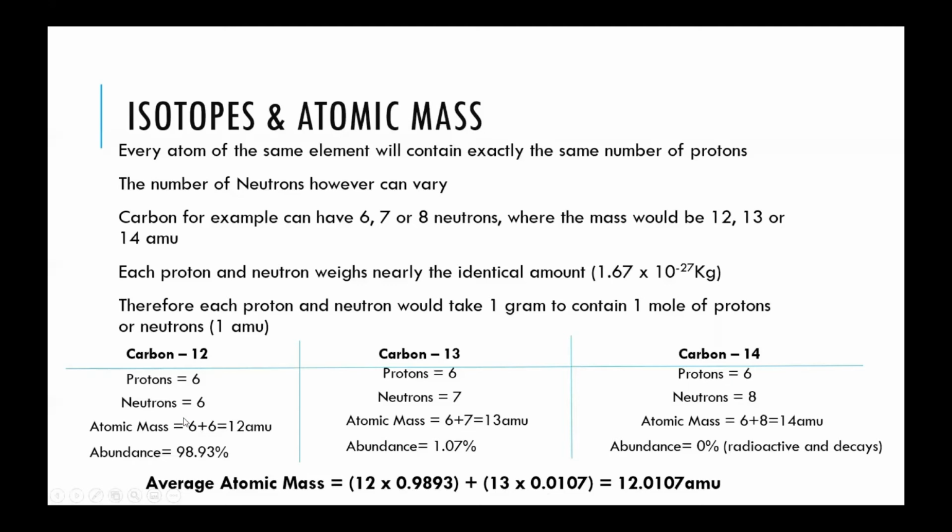This method can be used for any element. You need to have all of the isotopes combined to figure out what is on average the weight that it takes, or the mass that it takes, to equal 1 mole of atoms.